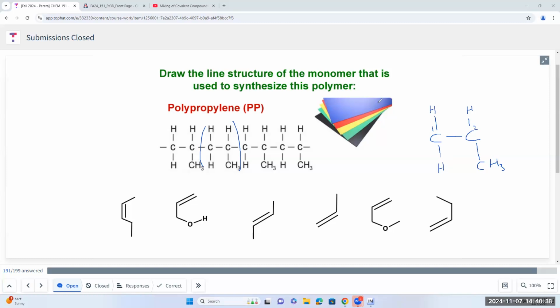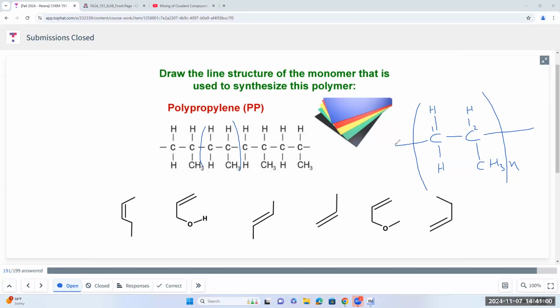Then this is repeated over and over, so I'm going to call it n times. You should draw two bonds coming through the parentheses to show that it is going to be linked with nearby repeat units. That's it. This is your polymer shorthand notation, or polymer structural formula.